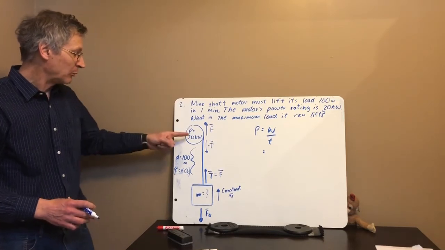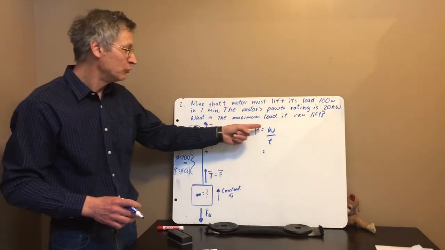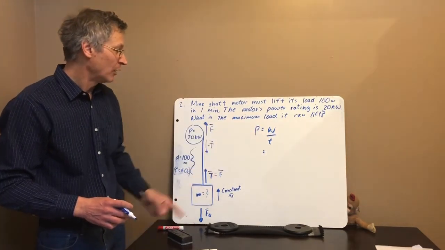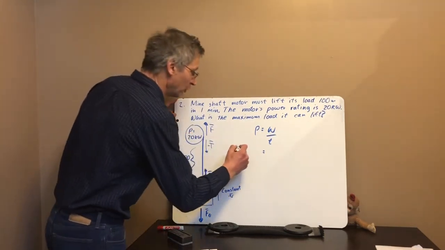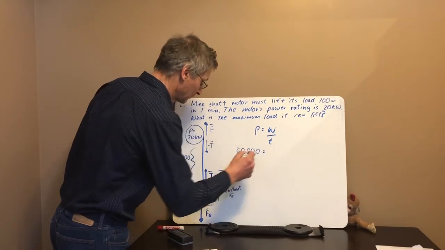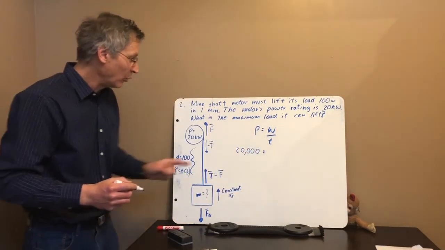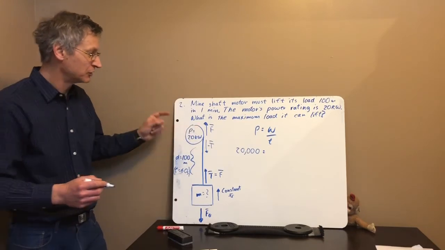Okay, well, remember, we're given the power of the motor, and power is equal to work divided by time. We know the power of the motor, that's 20 kilowatts, which is 20,000 watts. We know the time involved. The time involved is 1 minute or 60 seconds.